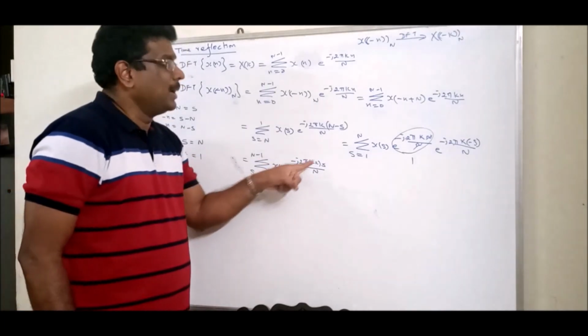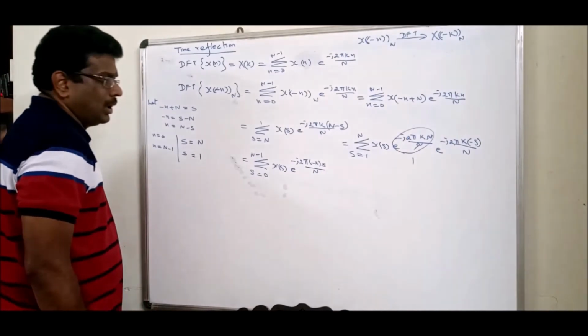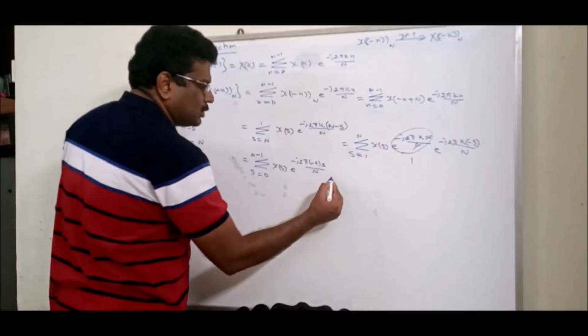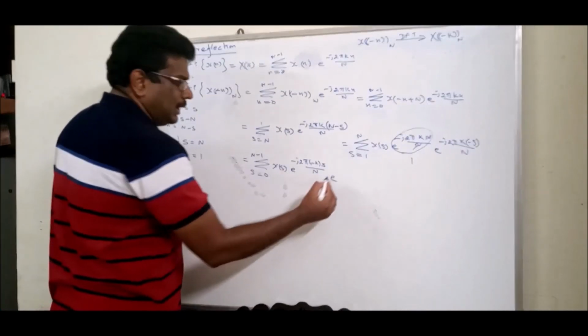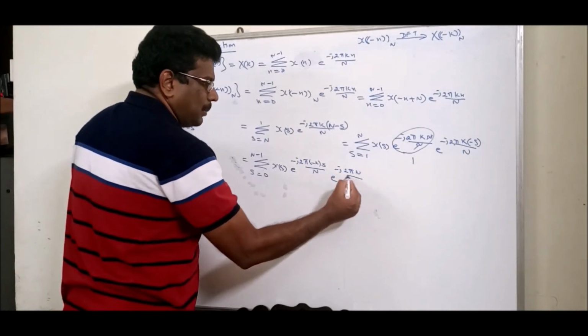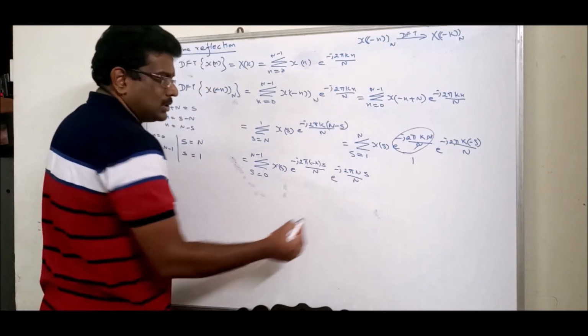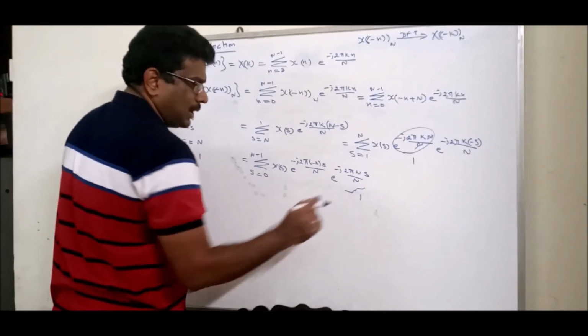The reason, sir, is that my aim is to go to the RHS, right hand side. There I need minus k. We can include one more term to bring the periodicity formula. E power minus j 2 pi n by n, because n and n cancel, its value will be 1. So what is its value? 1. Doesn't affect.